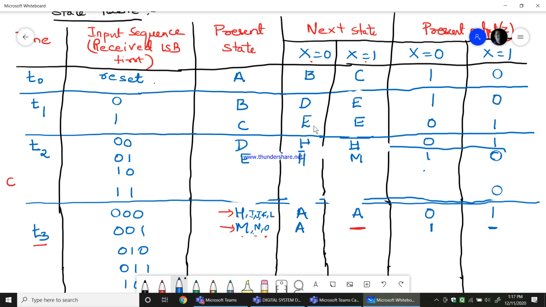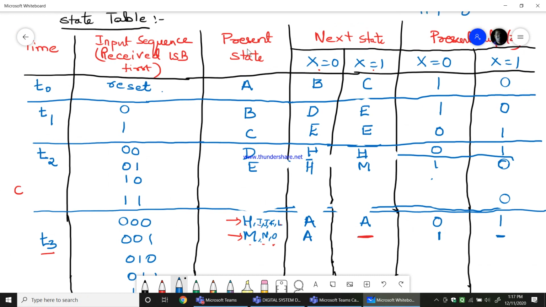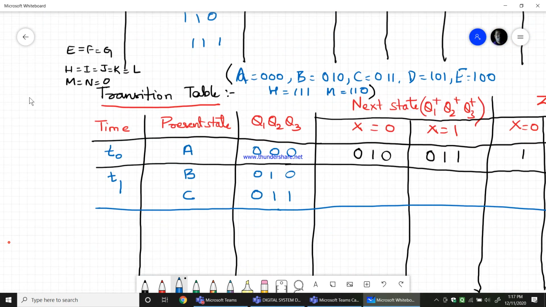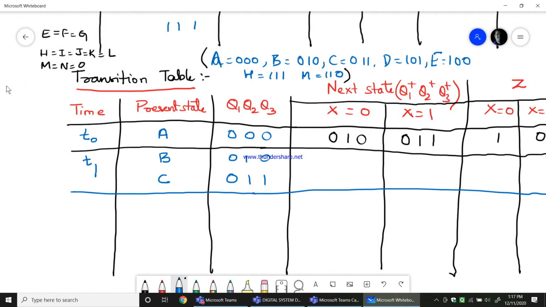D to E and E to E. B, C was the present state, D and E was x equals 0 and E and D for x equals 1. Therefore B becomes D and D, C becomes E and D. So B becomes D, D is 101, E is 100, C becomes E and D, 100, 100. Output is 1001, 10 and 01.